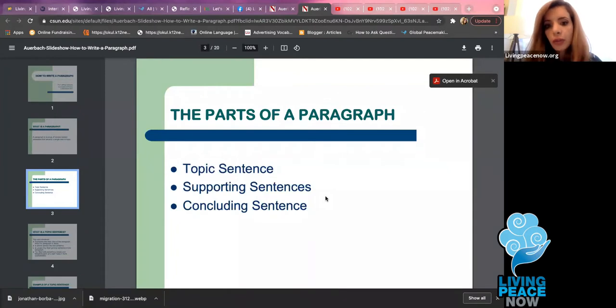Or if you don't remember the name of the writer, you can state the name of the magazine or the journal article. This is going to help you make your paragraph worth it, strengthen your paragraph, and gain more points. This is for people who are really into academic writing.